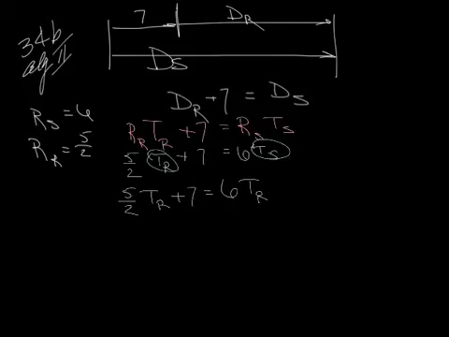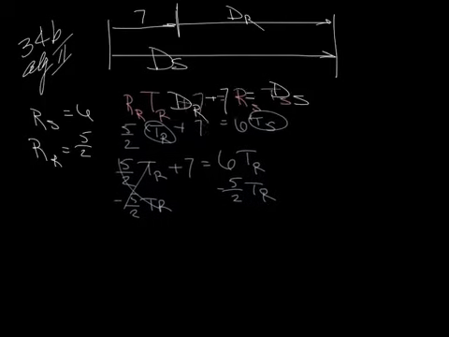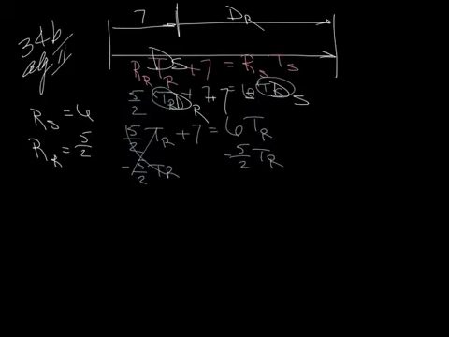Alright, so what do we have here? I'm going to subtract 5 halves TR from here to make those go away, and that leaves me with 7. 7 equals 6 TR minus 5 halves TR.